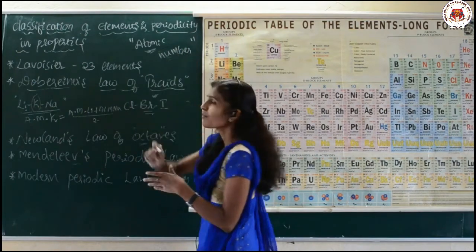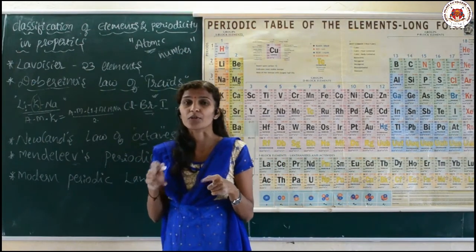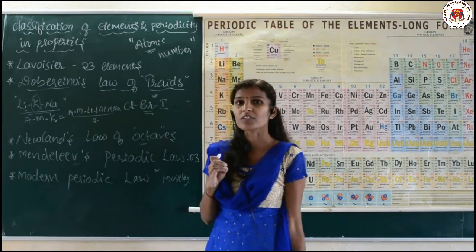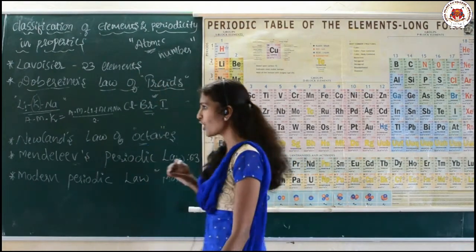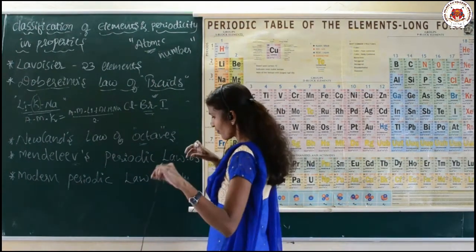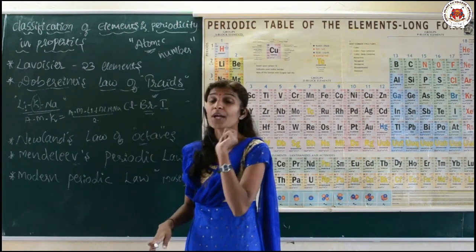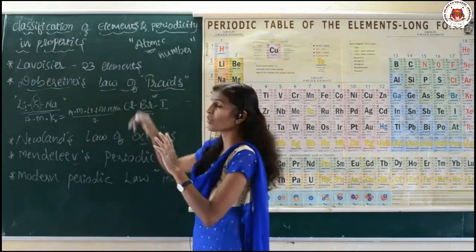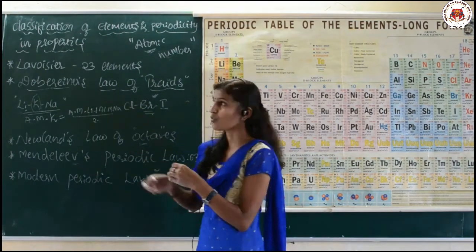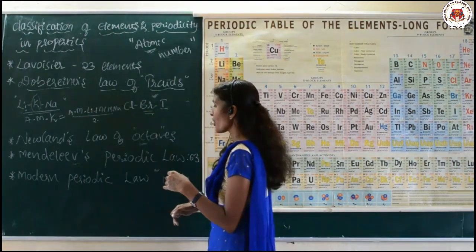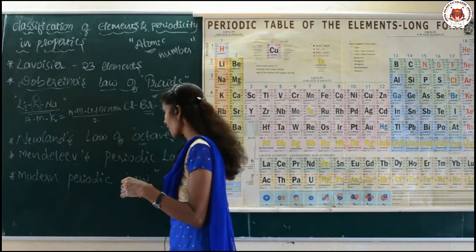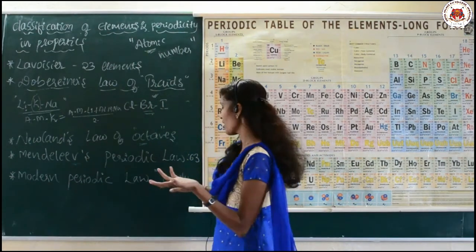The modern periodic law is based on the atomic number. The law states that the properties of the elements are the periodic functions of their atomic number. That is what we call the modern periodic law, and it was given by the scientist Moseley.